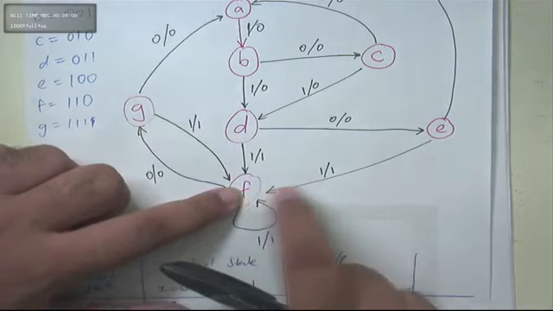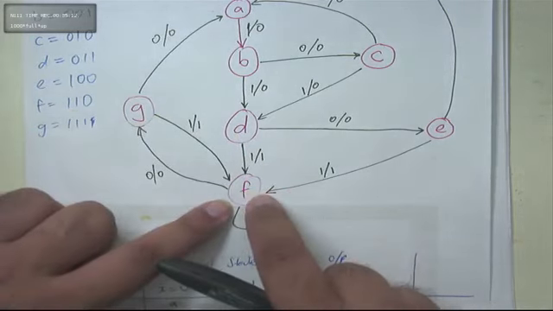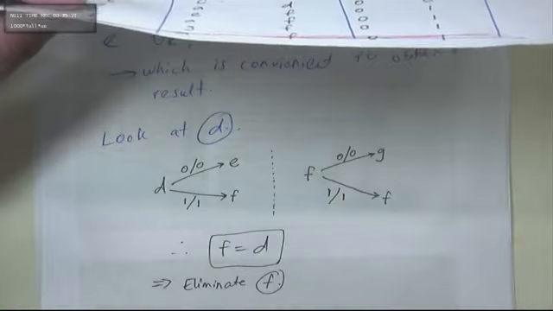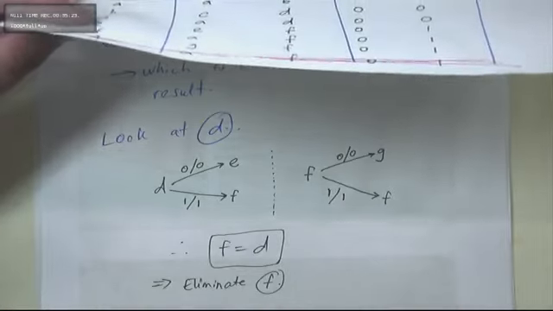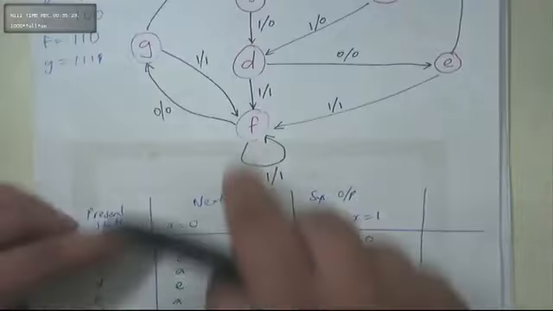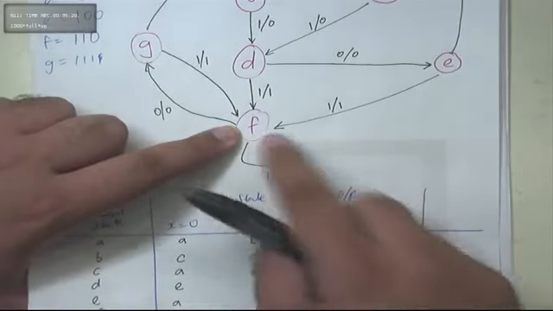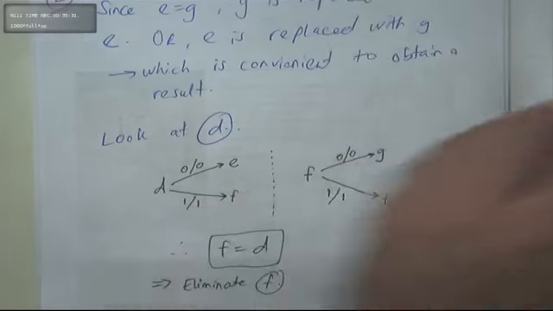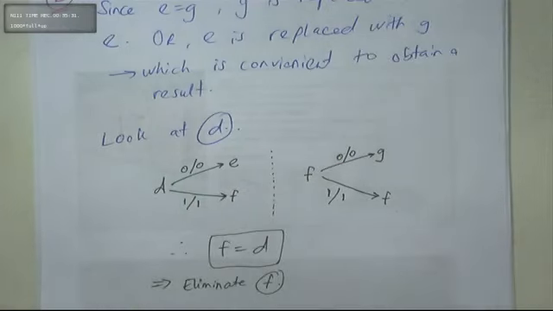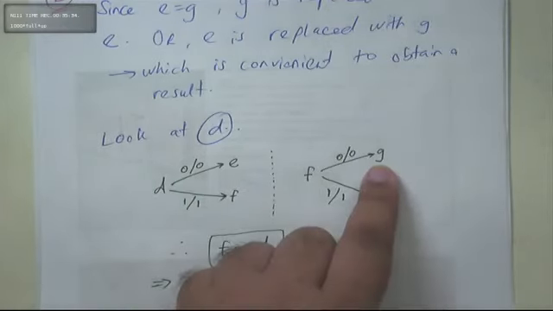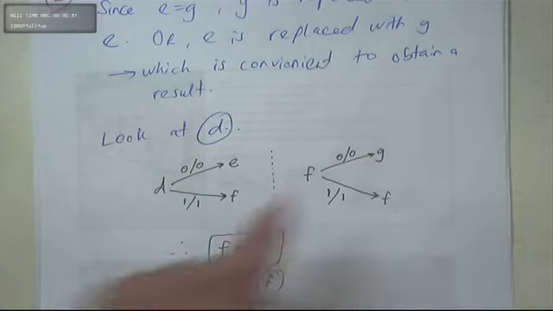Let's look at F. F, if it's 0, sorry, what were we comparing? D and F. Yeah. F, if it's 0, output is G, and if it's 1, it remains at F. Right? Now, remember something over here. I've missed something over here.